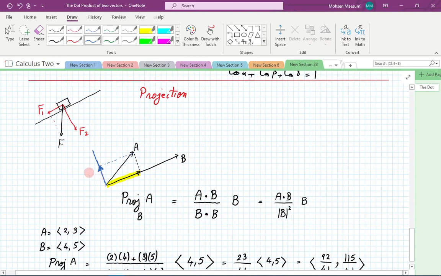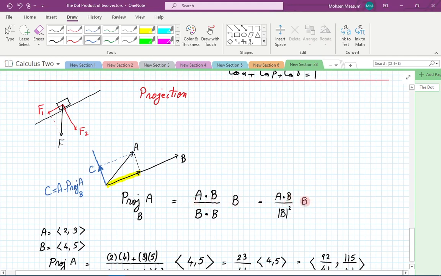So if you want to call this thing, say, vector C, what is C? Simply take that, remove this projection from it, and whatever is left is going to be the normal projection. So it's A minus projection of A on B. So we do that by a simple subtraction as opposed to going to another formula.